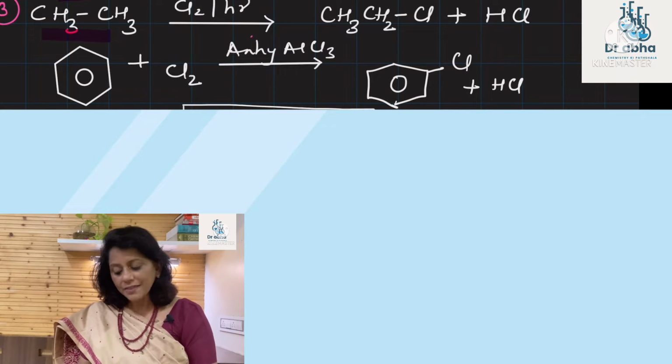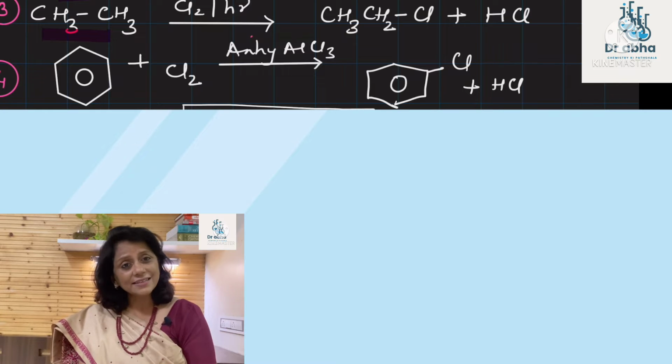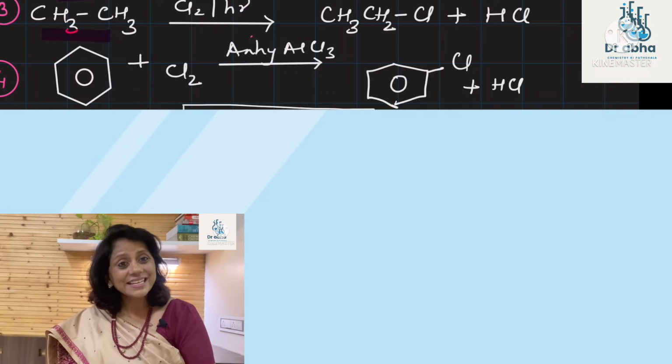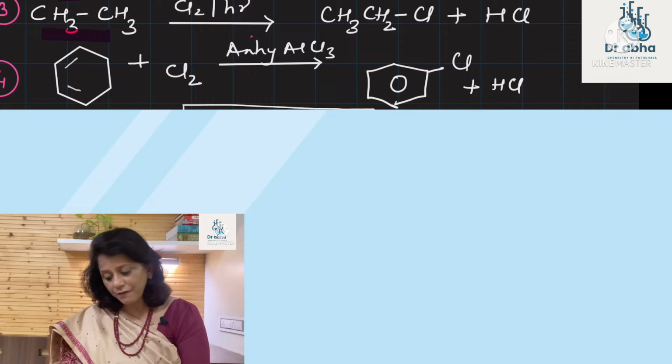Okay, so there is one more substitution reaction. We can see here the fourth one, benzene. Benzene has, if you can make out, three double bonds, and because of the presence of three double bonds we feel that it should show addition reaction.